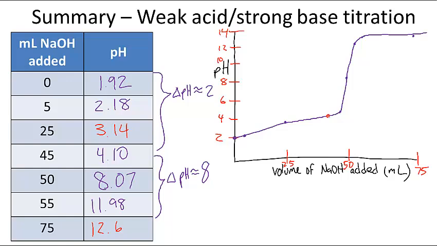So the color would have changed too early. It wouldn't tell us where the equivalence point is. So that would be a bad choice. Better to choose something that's going to change color somewhere a little above 7.